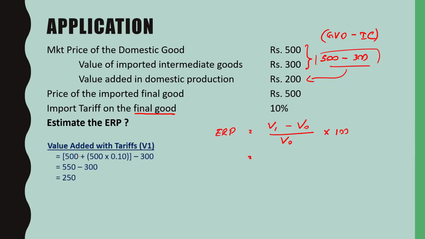If I show you a calculation: 500 plus 10% of 500 minus 300. Now hold on, just give me a minute here. What is this 550? Look at the virtual whiteboard.